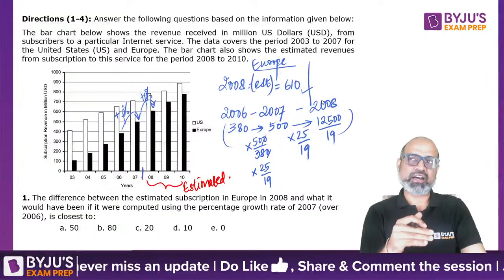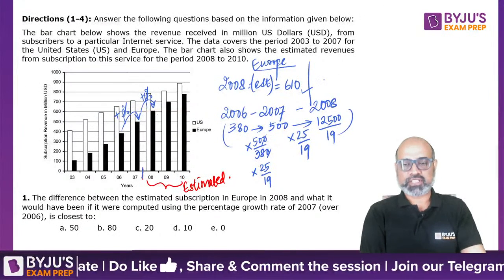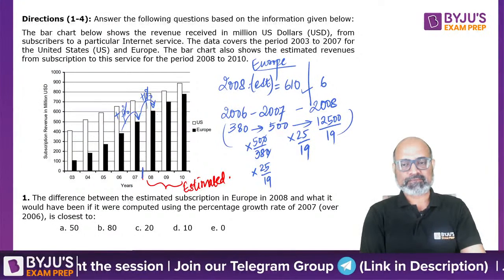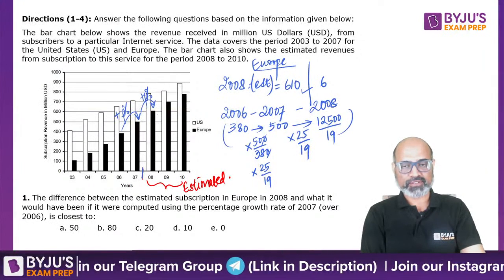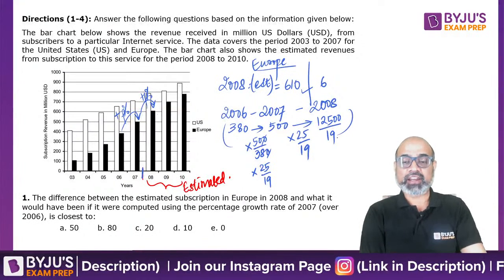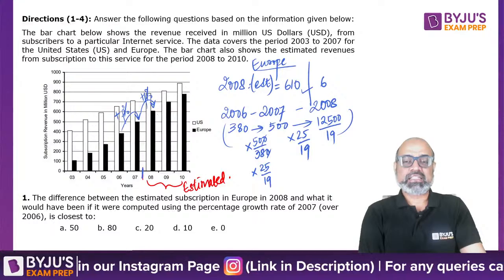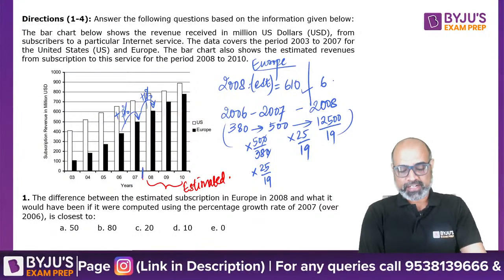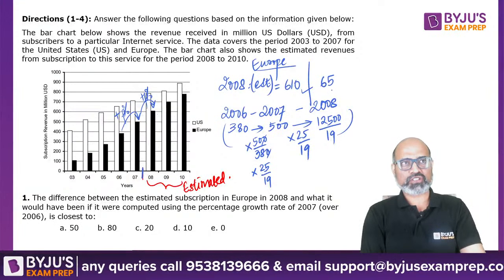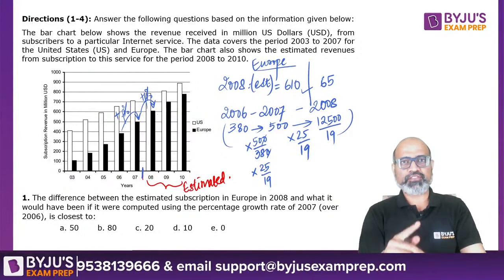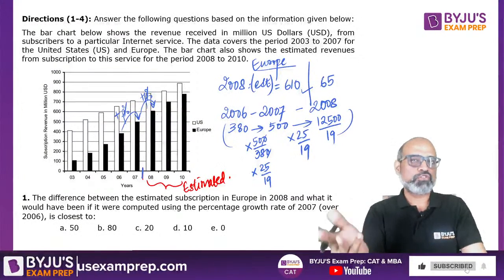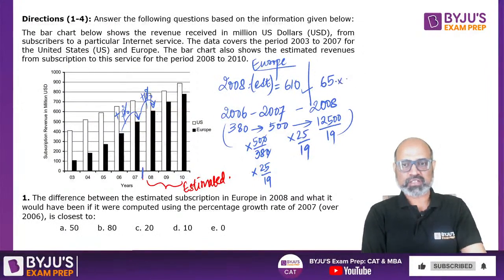And then we have another 11. So 19 into 6 is 114. Then we have 110. So 110 will go 5 point something times, because 114 was 6 times.